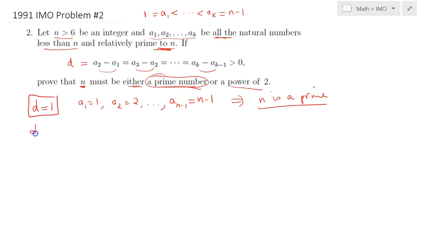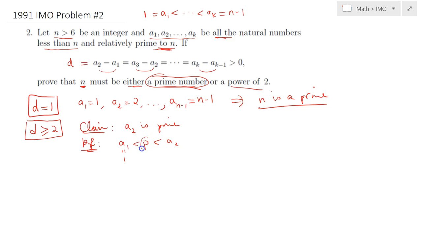Okay, so for the rest of this problem, let's assume that d is greater than or equal to 2. I claim that a_2 is prime, and the reason is simple. If it wasn't a prime, then it has prime divisors, right? But these prime divisors p are definitely strictly greater than 1 and less than a_2.